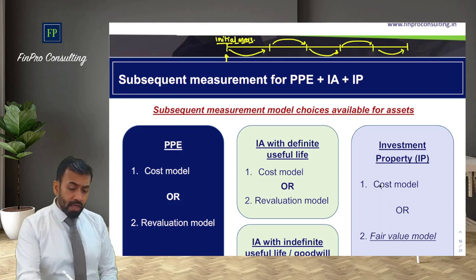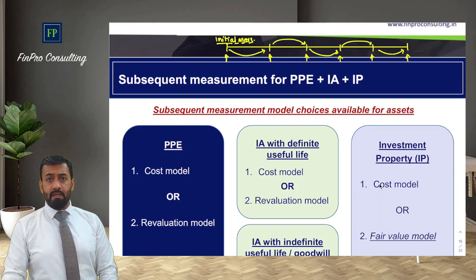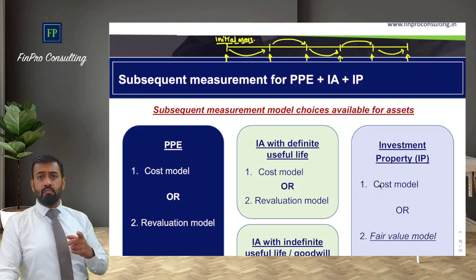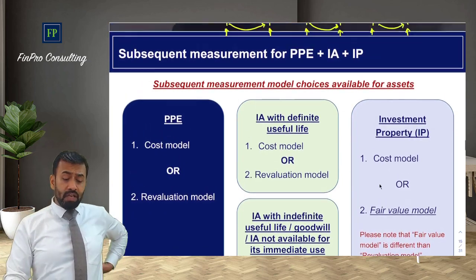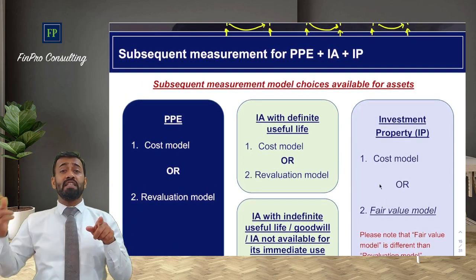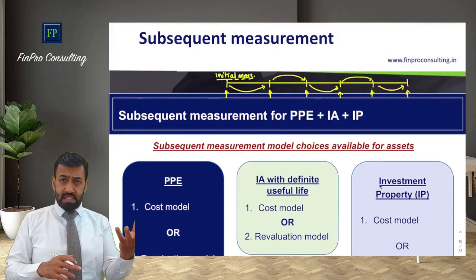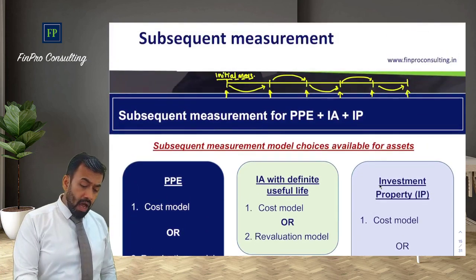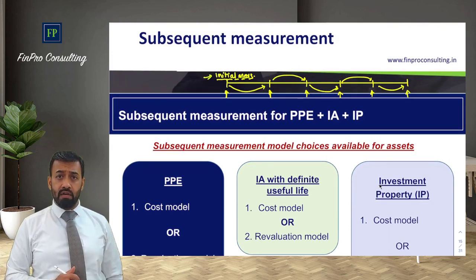So how do you measure it subsequently on these dates? Because this asset will be there. How do you measure it? That is important, which we are going to see as a part of subsequent measurement. Subsequent measurement is different from subsequent expenditure. Subsequent expenditure is expenses which are incurred after the initial measurement date, after the initial recognition date.